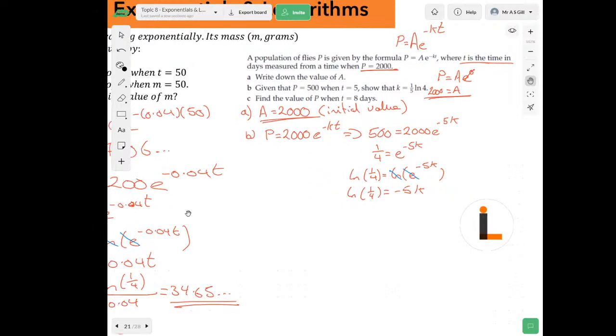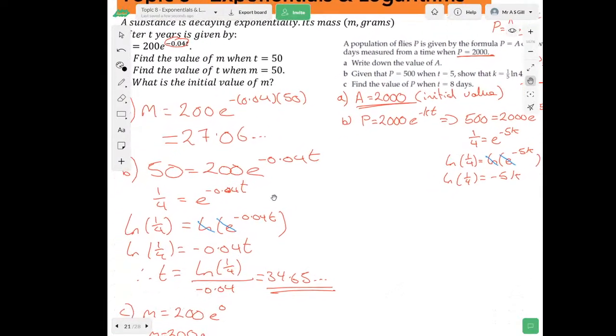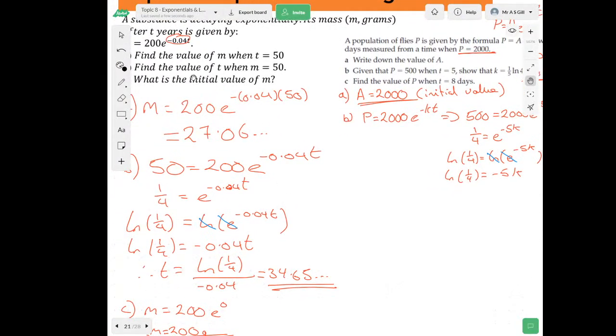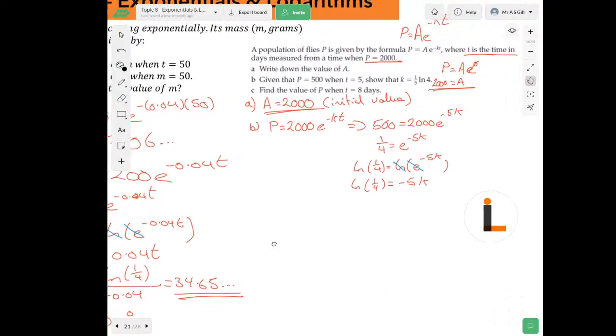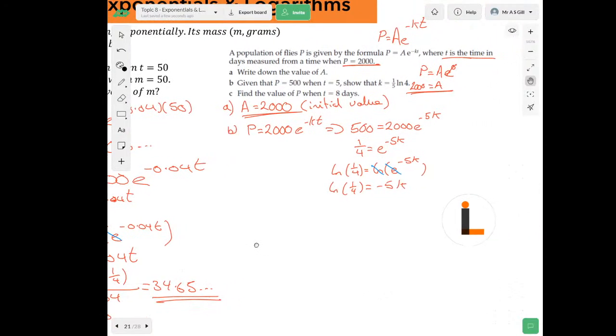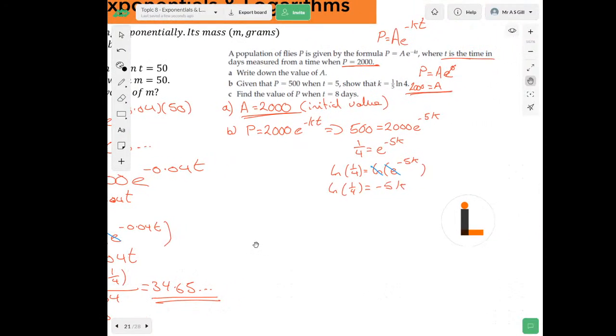Just like here on the left hand side, for part C we had 200 because this was the initial value when t is equal to 0. Same idea. The value at the start, i.e. when t equals 0, is our initial value. So hope that makes sense.